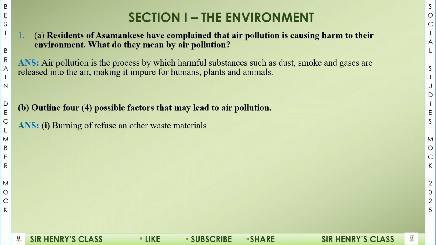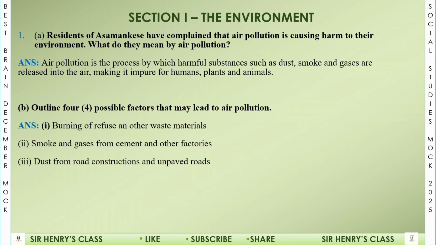1B says outline 4 possible factors that may lead to air pollution. So this is talking about the causes of air pollution. We have: burning of refuse and other waste materials, smoke and gases from cement and other factories, dust from road constructions and unpaved roads, bush burning and open cooking with firewood.